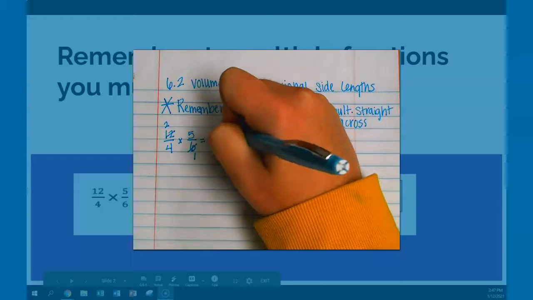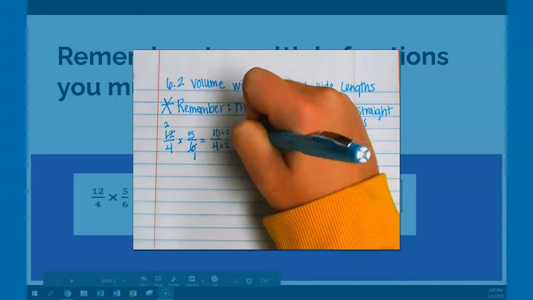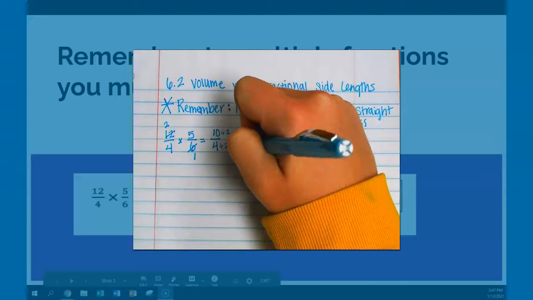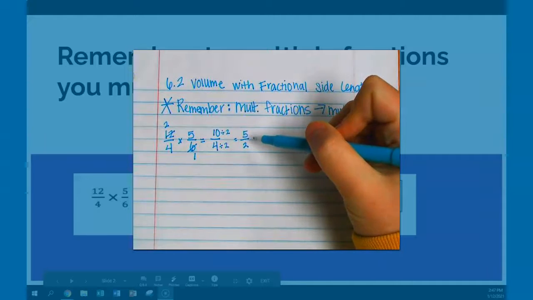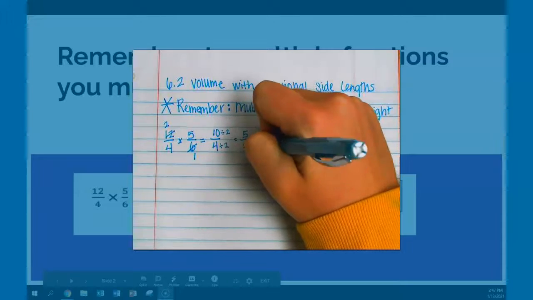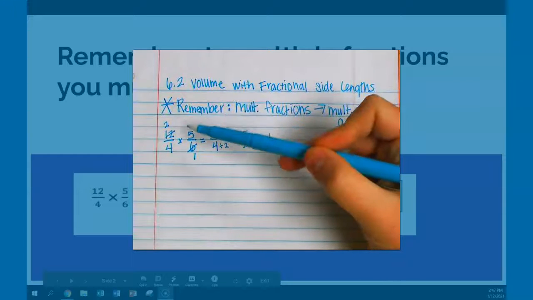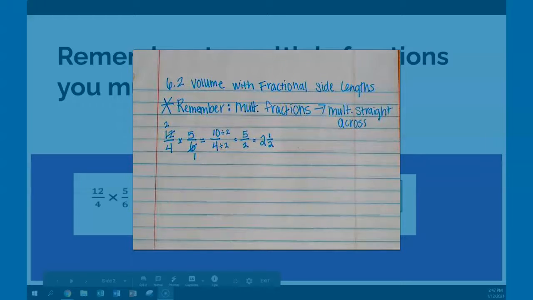Those are both even numbers, so I know I can divide them both by 2. 10 divided by 2 is 5, 4 divided by 2 is 2. This is an improper fraction since our numerator is greater than our denominator, so I think to myself, 2 goes into 5 2 times with 1 left over. So 12/4 times 5/6 would give me 2 and 1/2.